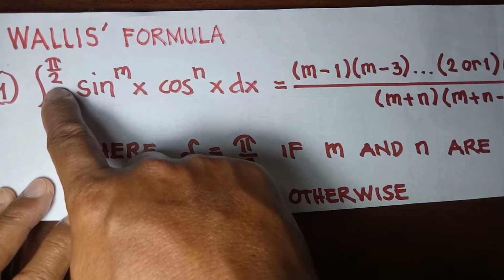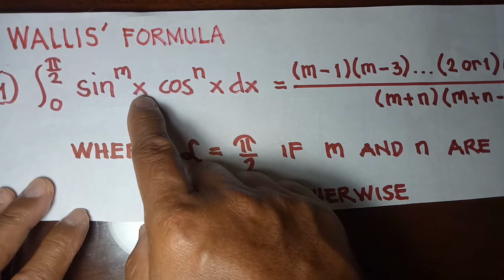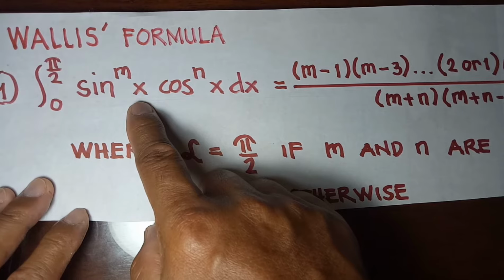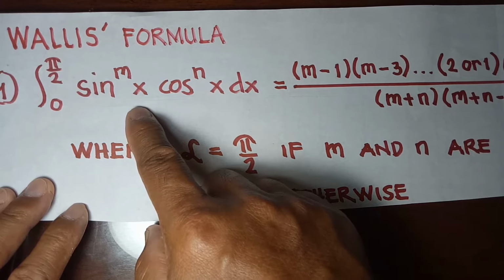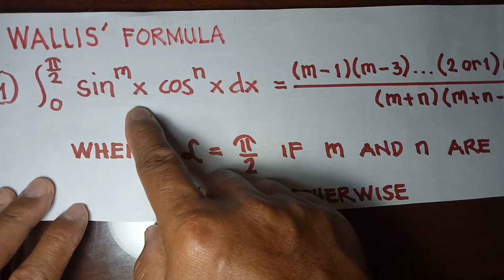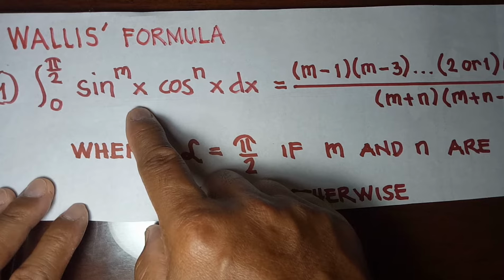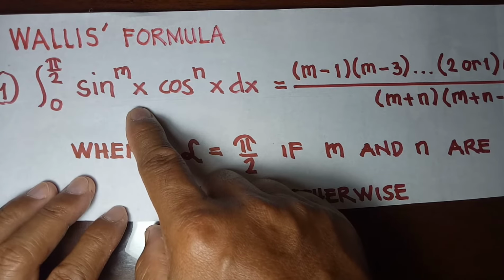Yung upper limit natin ay pi over 2. At yung angle natin ng sine at saka cosine functions ay equal lang siya sa x. So general form ito, ibig sabihin, pwedeng apply yung Wallis formula sa ibang variable of integration. Katulad halimbawa ng y, ng u at ng iba pa.